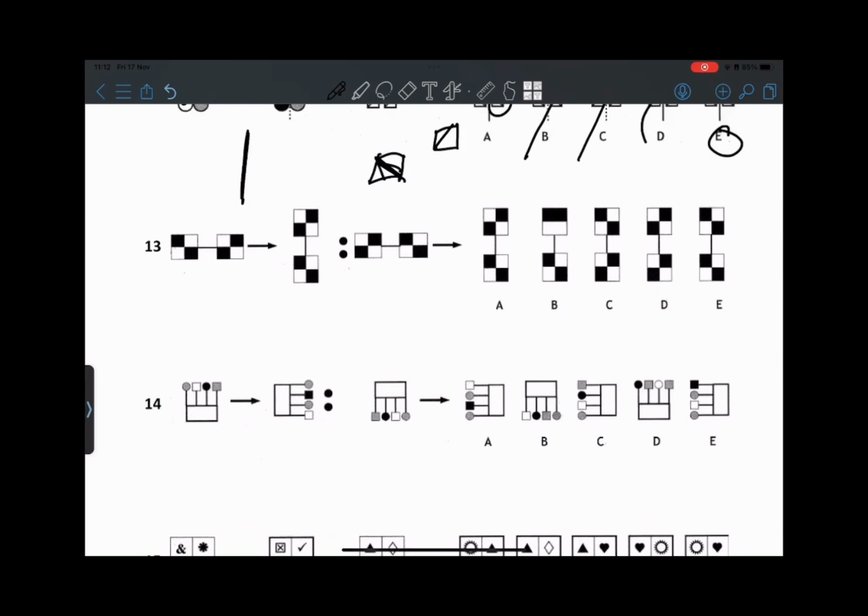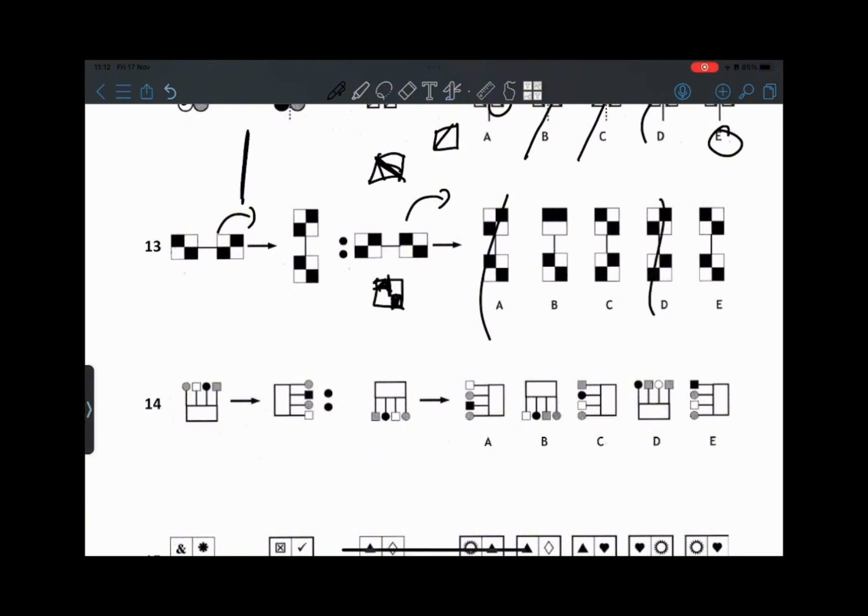Okay, so this one just rotates to the right, so let's rotate this. It can't be that, because just imagine this rotated, this is what the top one's going to look like if you just flip it. You can even turn your head to the left and try and figure that out, right?